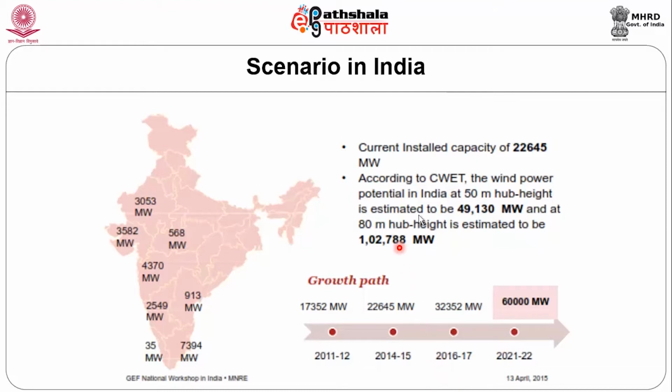When we look at the potentials, we have a good amount of potential, and it was estimated at 80 meters hub height. About 20 years back, the estimation at 50 meters hub height was about 50,000 megawatt. Now, with 80 meters hub height, we could have about 100,000 megawatt of capacity.